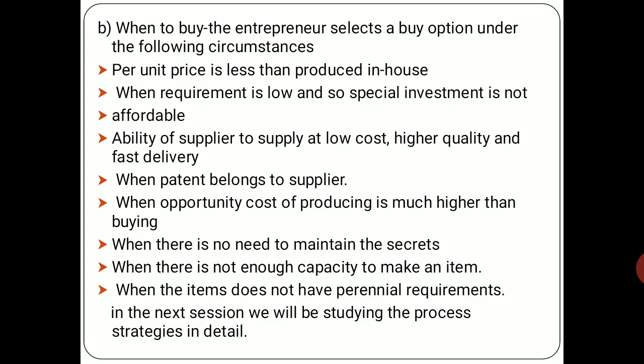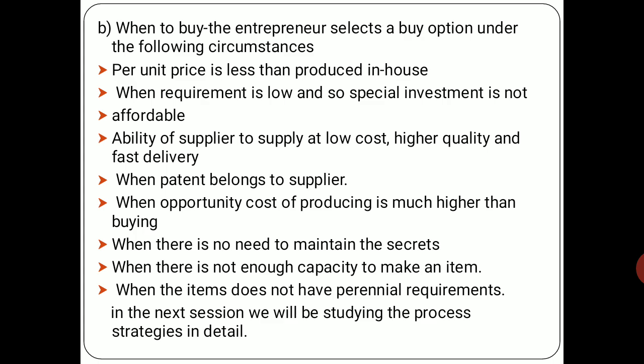Next, when there is not enough capacity to make the item, naturally we don't have the place for it, we don't have the layout setup for it, we can just assemble it, then there is no option other than buying it.